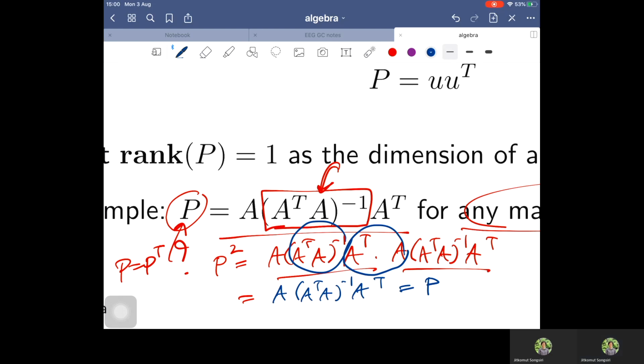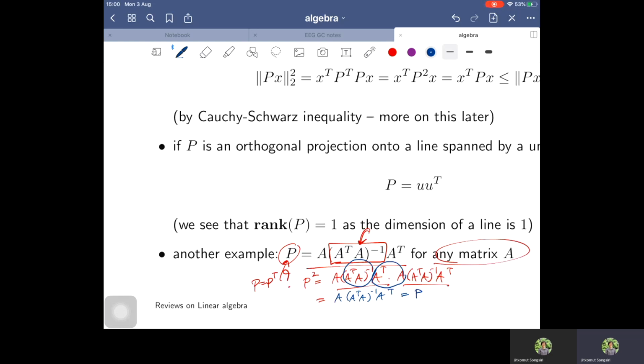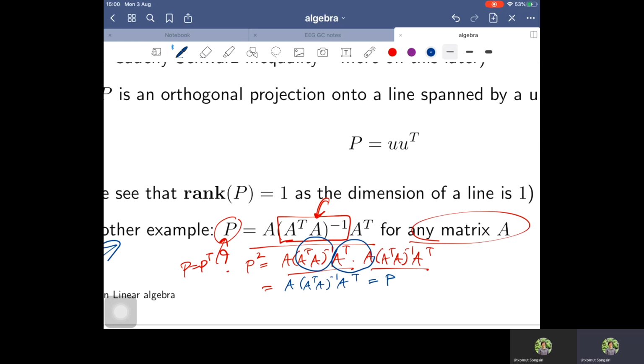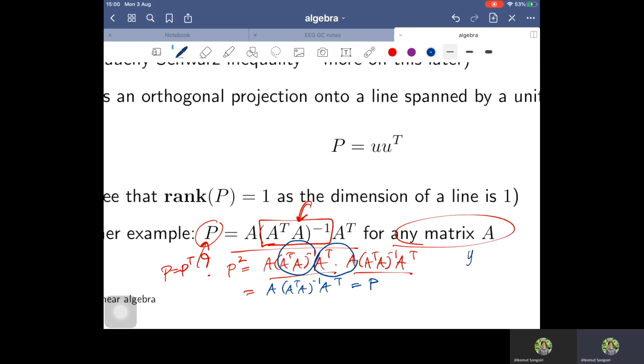You're going to see an expression of this type in linear regression. The interpretation is that when P has this form, if you multiply P with x, you take the original vector x and project x on the range of A. This is a subspace.